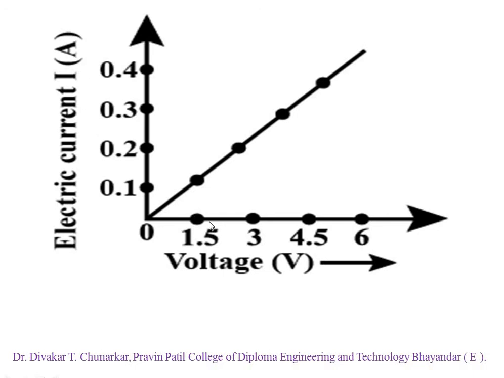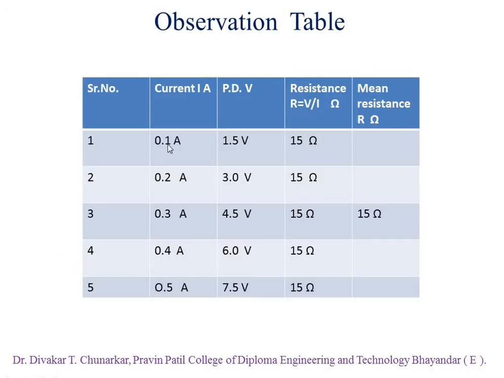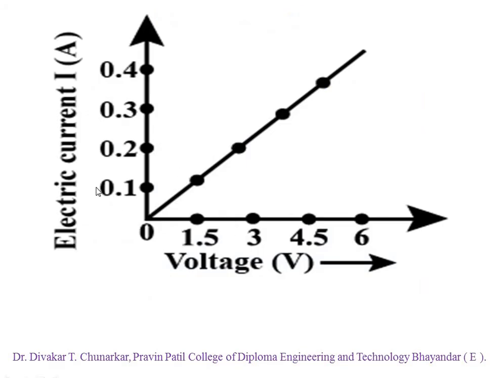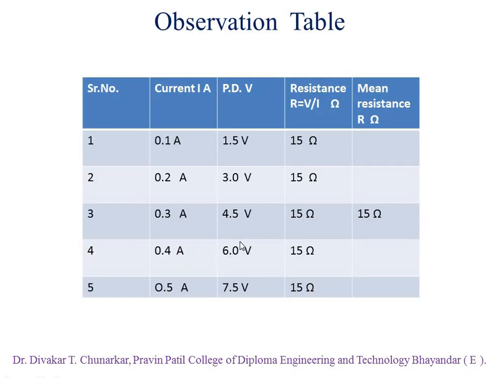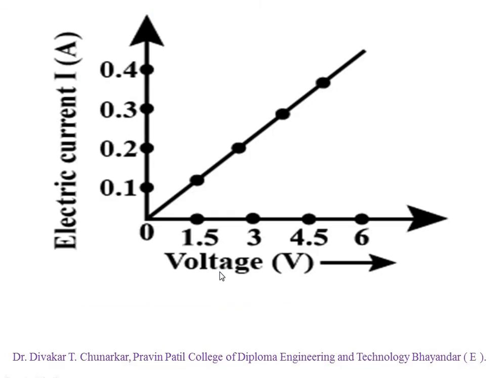So we will take the first reading. On the y-axis we take the current readings: 0.1, 0.2, 0.3, 0.4, 0.5 ampere. And the voltage readings are 1.5, 3, 4.5, 6 and 7.5 volt along the x-axis.